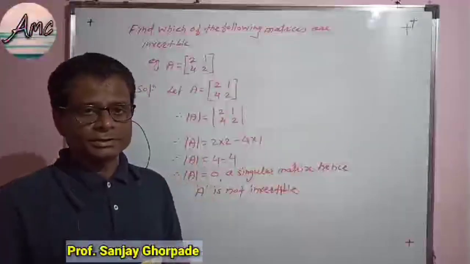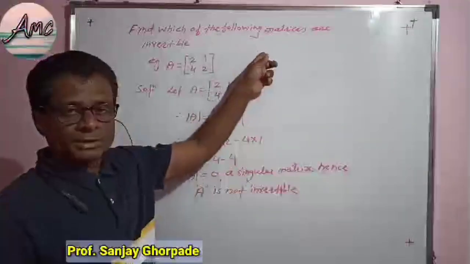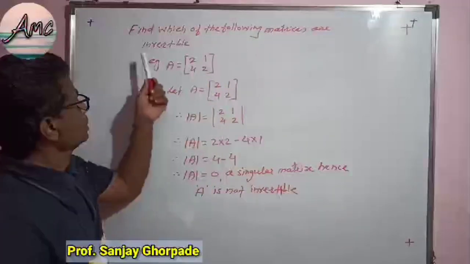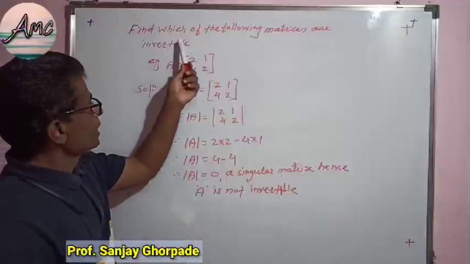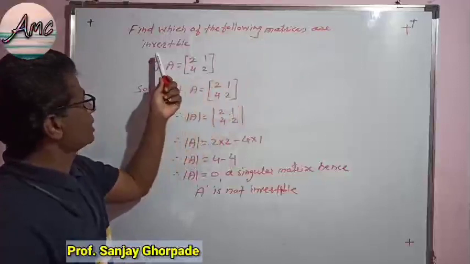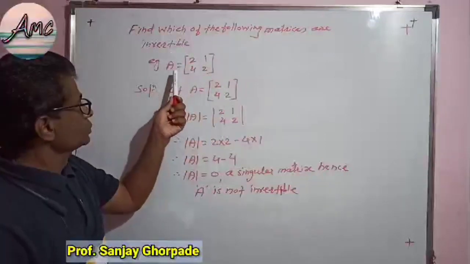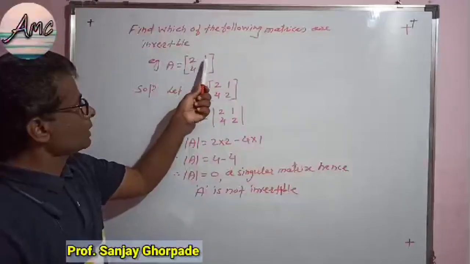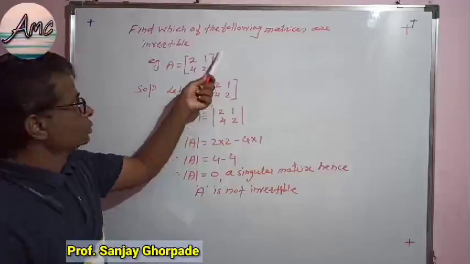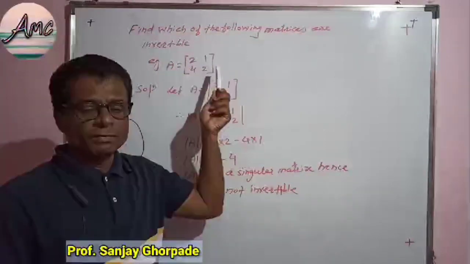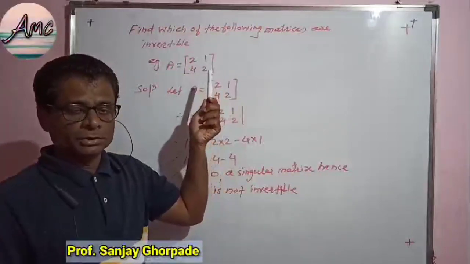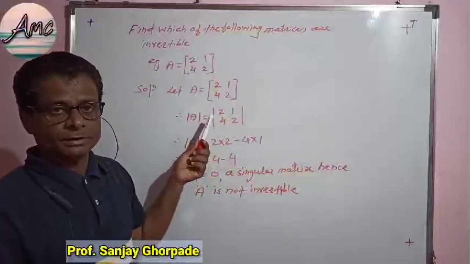First, I shall consider examples on invertible matrices. The question is like this: find which of the following matrices are invertible. Say matrix A equal to 2, 1, 4, 2. To know whether the given matrix is invertible or not, you should find the value of its determinant.